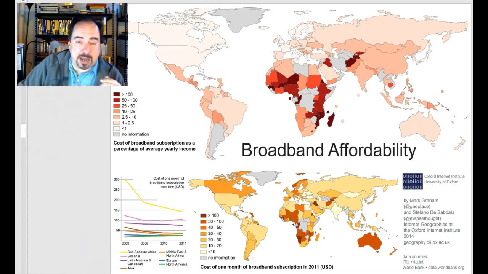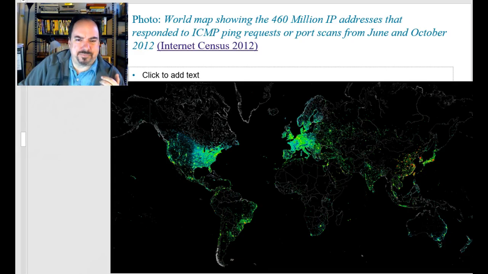But my favorite map just shows you where electricity is. So, not to be dumb or anything, but you can't have a good computer information system if you don't have electricity. It's better if we dim the lights in class and look at this picture, but just pause to look. These are actually devices that are responding to pings, and so they have a little light that shows everything with an IP address around the world.